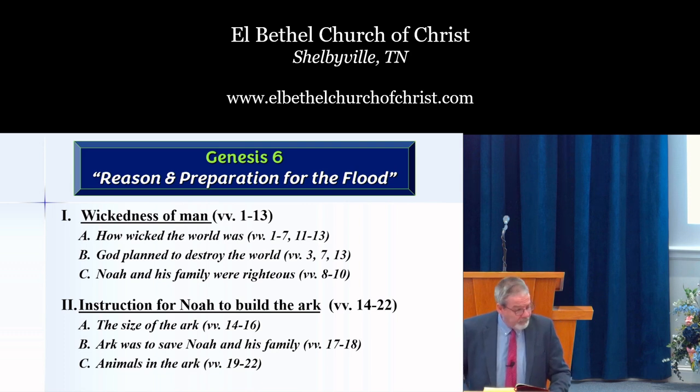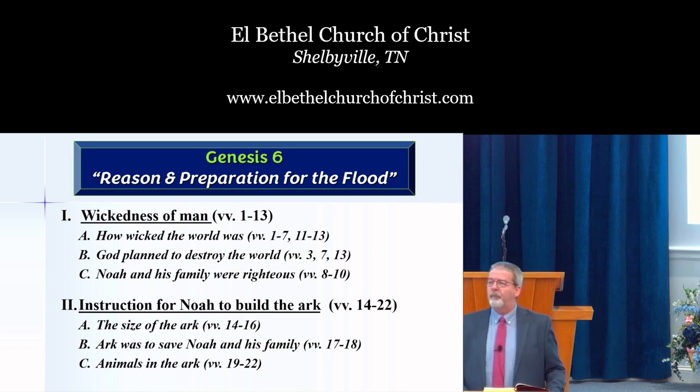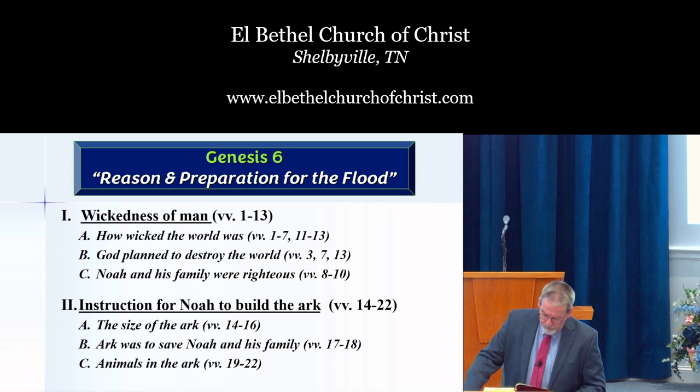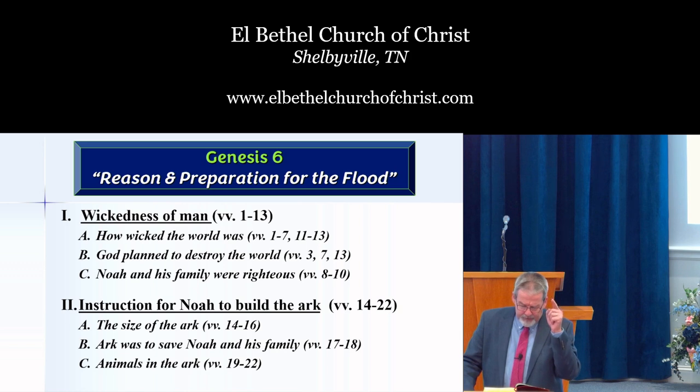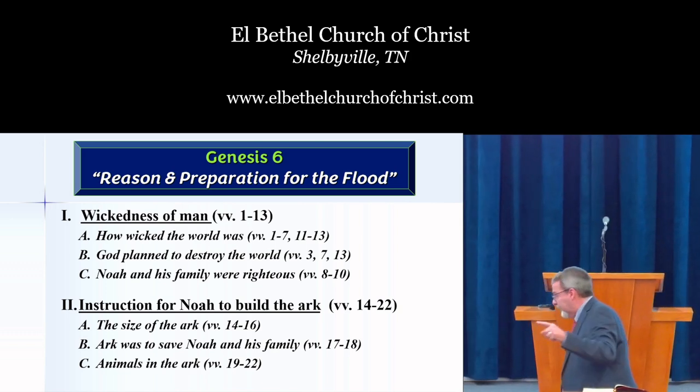What does God say at verse 5? The wickedness on the earth was great, and that every intent of his heart, we have a question on that, I think. Yeah, question 3.